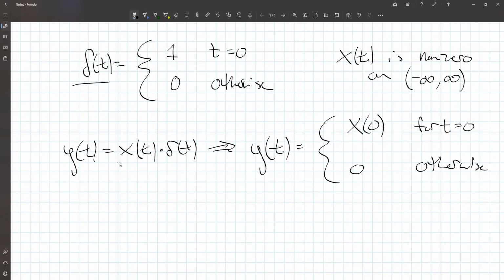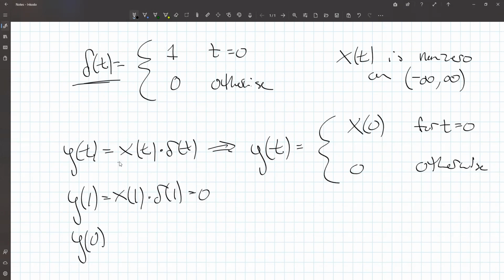So the delta function, right, it is only non-zero at t equals 0. So if I put in y of 1, I would get x of 1 times delta of 1, which is equal to 0. And if I put in y of 0, I would get x of 0 times delta of 0, which is equal to x of 0. Any other value I put in for t is going to cause the delta function to become 0, which makes my output 0.